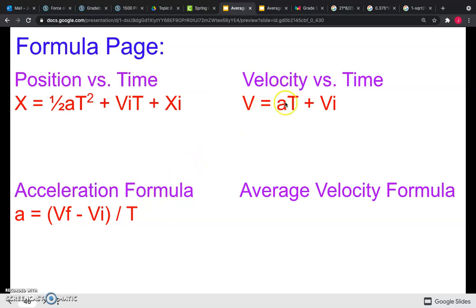Maybe you don't need to memorize them both, and just the one in the top right would suffice, but I would write them both down for clarity's sake. I think this one will be useful at times. And then the average velocity formula, that's the new one that you learned today. Average v is going to equal v final plus v initial divided by 2.